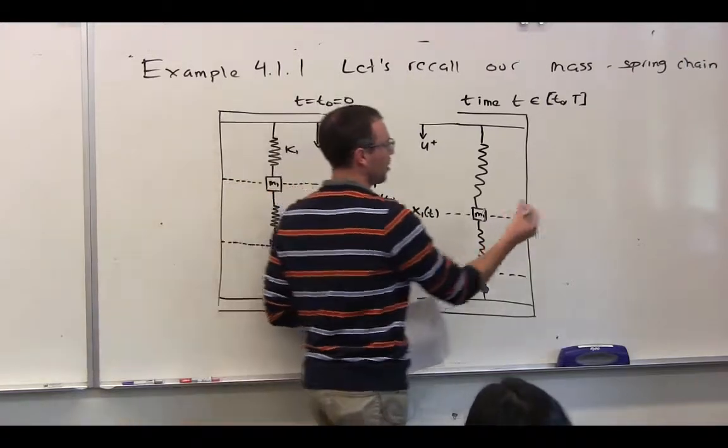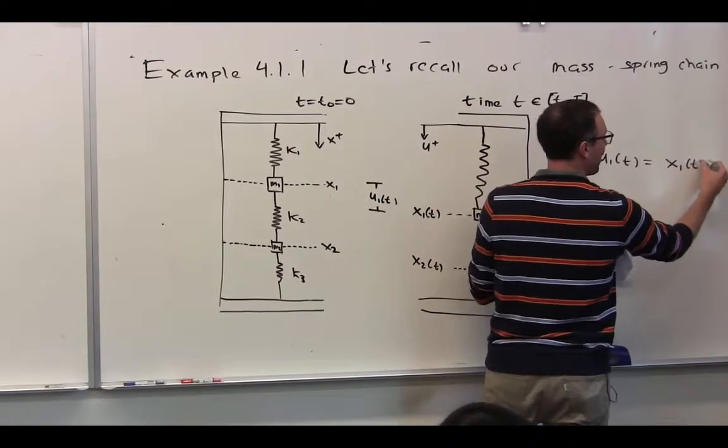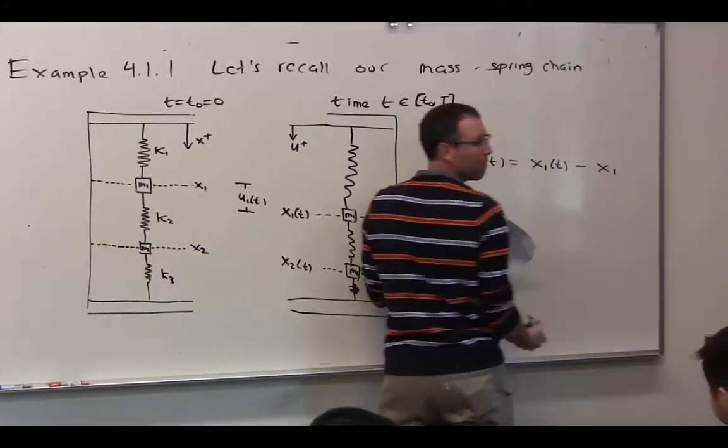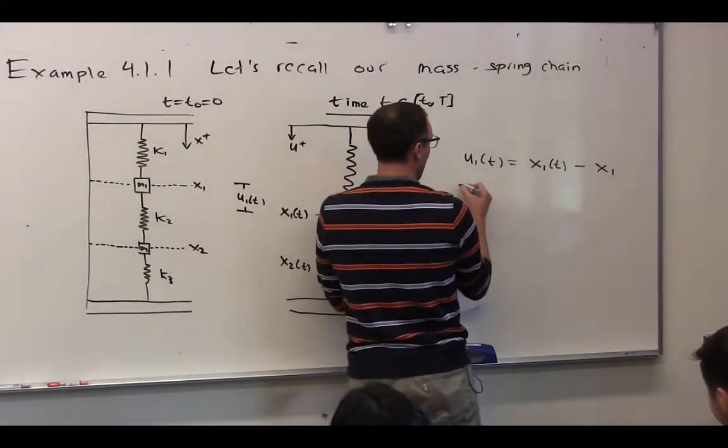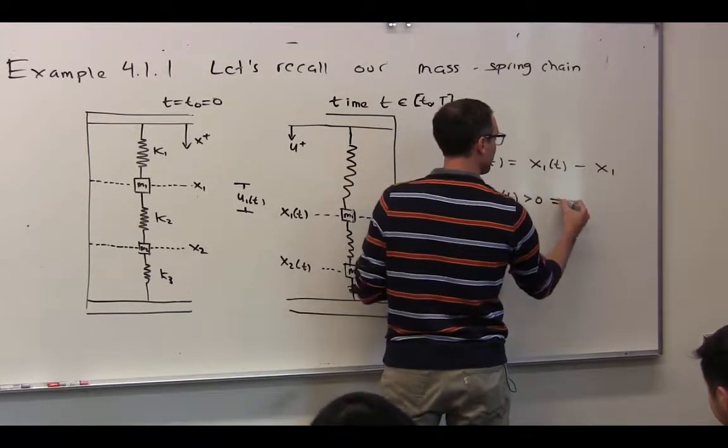u1 of t. In this case, that was the displacement function. How would I calculate that? Well, it's the final position minus the initial position. And that immediately implies, when is u1 of t positive?